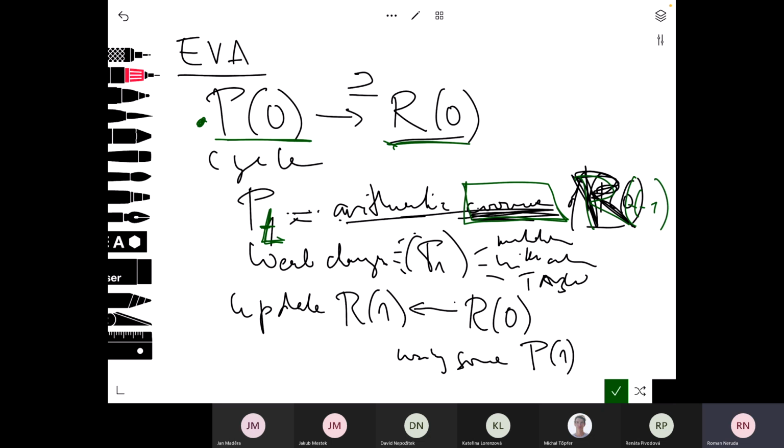Then we apply local changes on PT, meaning mutations or similar local searches on individuals. And then we're updating the RT from RT plus 1 and PT.